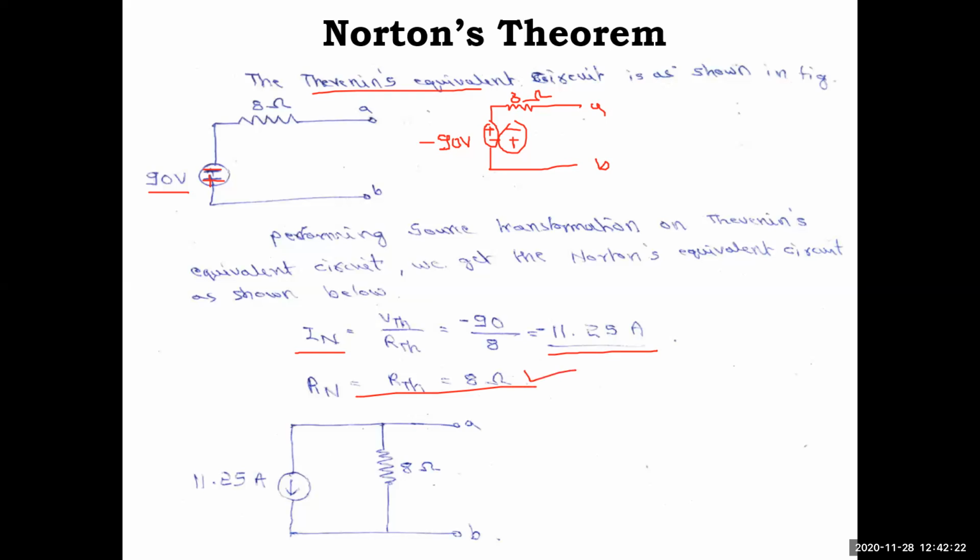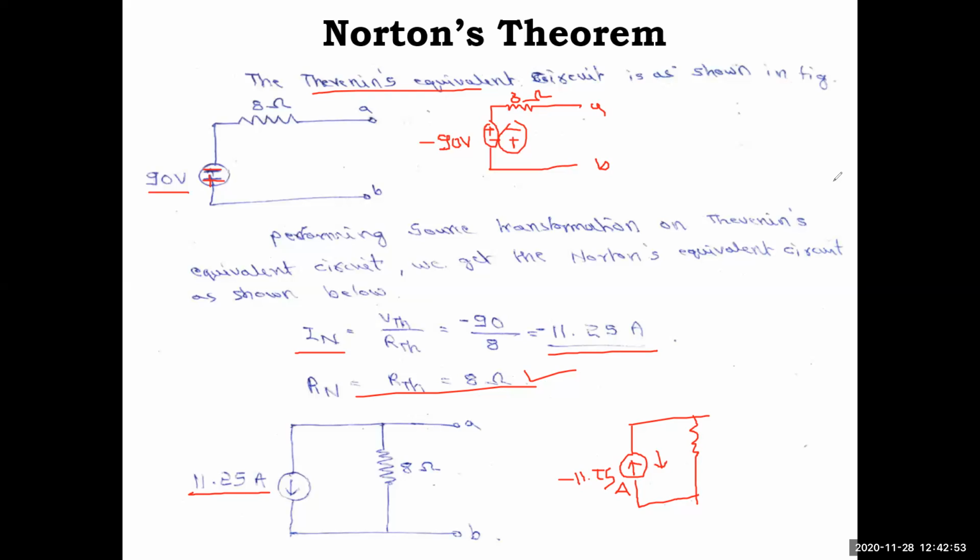So just write current downwards and outside we have written plus. If you want to write upward, follow one single convention, you can do that. You show upwards, this is 8 ohm, it does not change. Here you can write outside minus 11.25 amps. But if you want to write outside plus, just reverse the direction of the current, it will be equivalent.